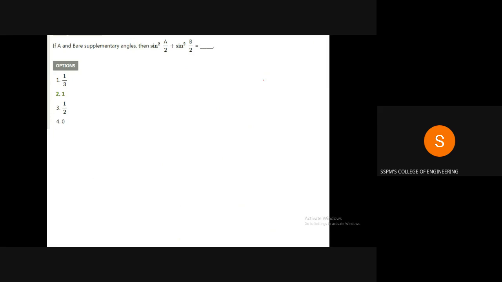So the next question is, if A and B are supplementary angles. What is meant by supplementary angles? Supplementary angles means A plus B is equal to 180 degrees. Then we call them supplementary angles. That is, A plus B divided by 2 is equal to 90 degrees.